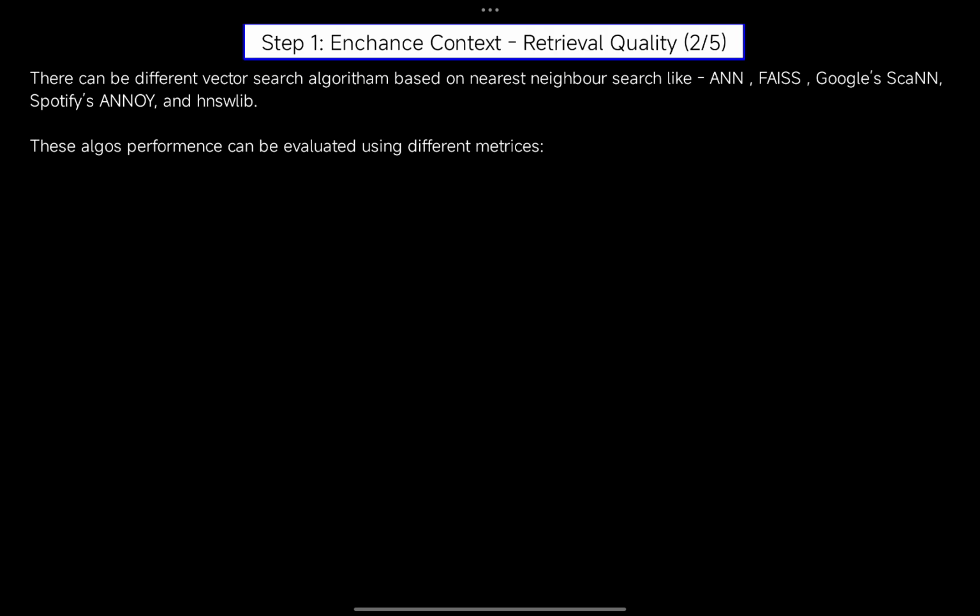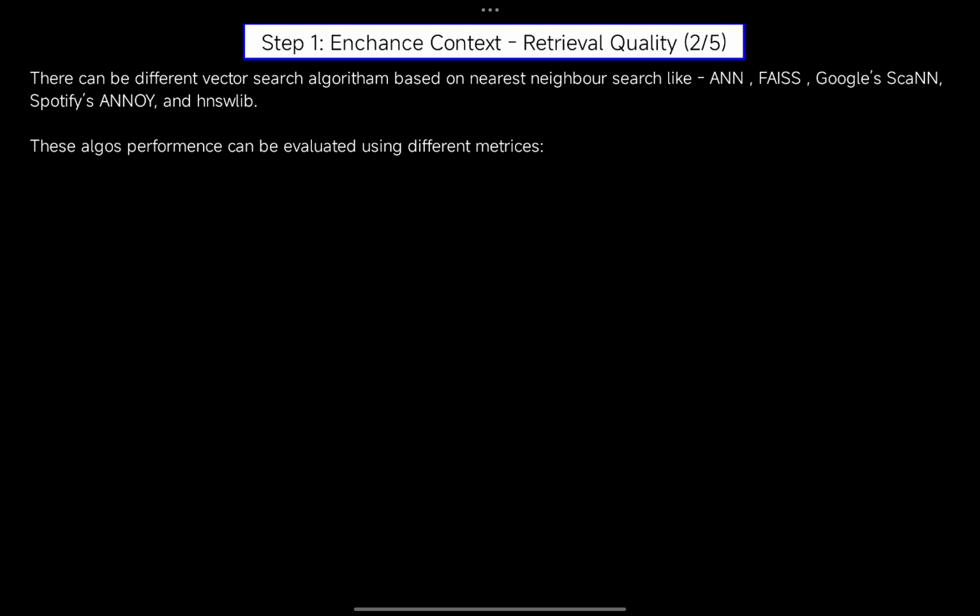Now, once we are talking about vector search, there are certain algorithms used to do this search in the vector DB, which is generally a nearest neighbor search, and a few of the algorithms are approximate nearest neighbor, FAISS, Google's ScaNN algorithm, or the HNSWlib algorithm.